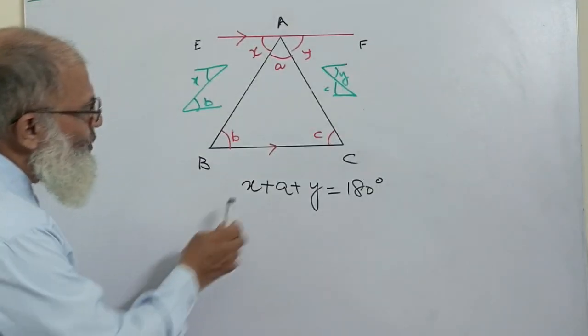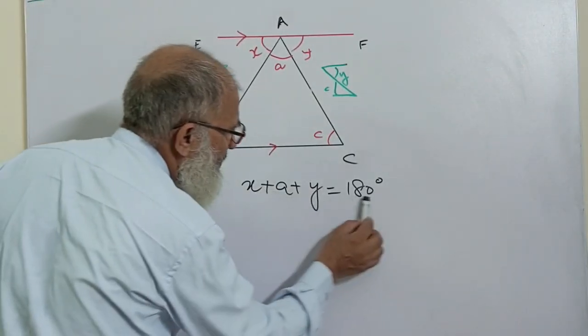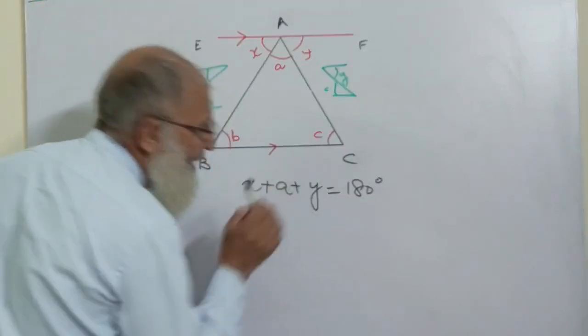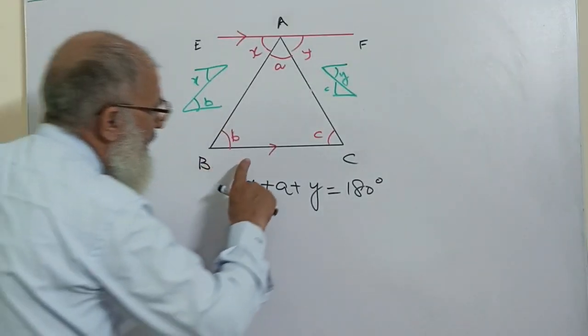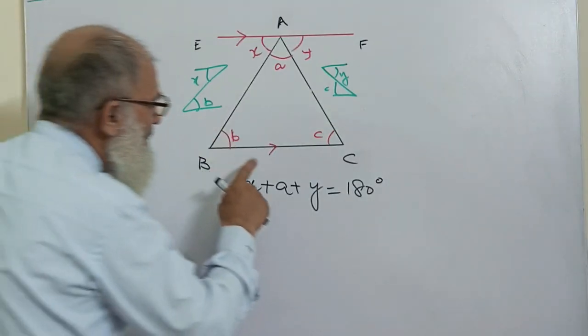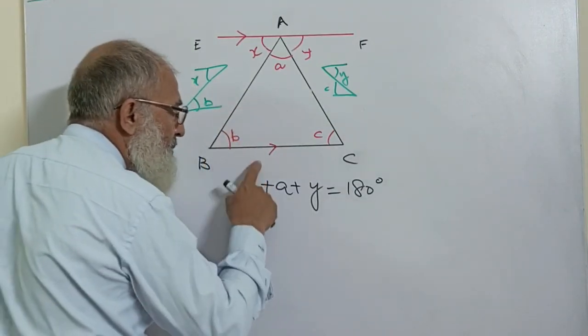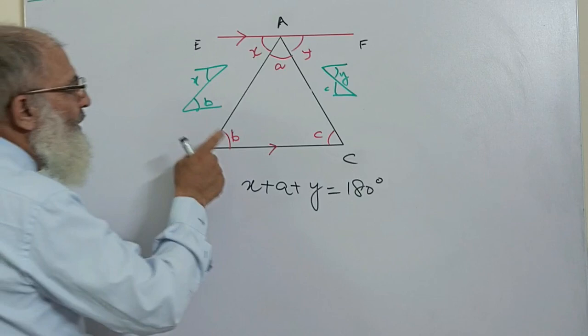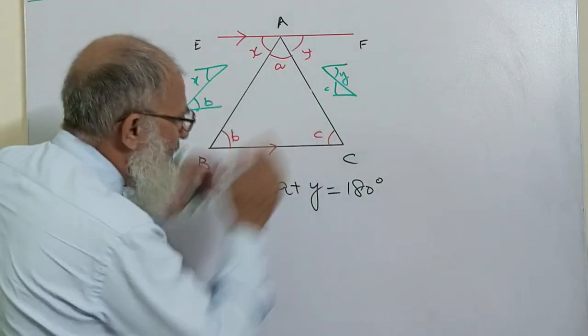And if I substitute their values of X and Y, I remove X from here, I remove Y from here, and I substitute them with the values of the angles.